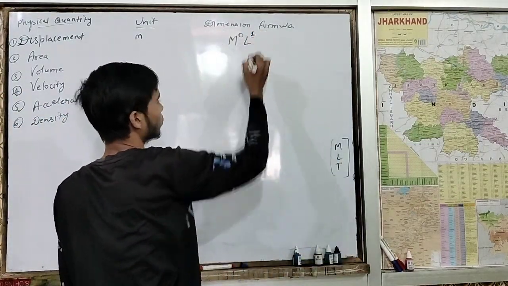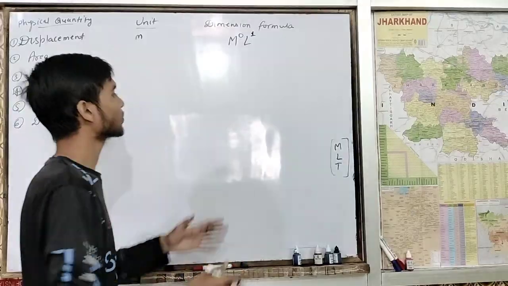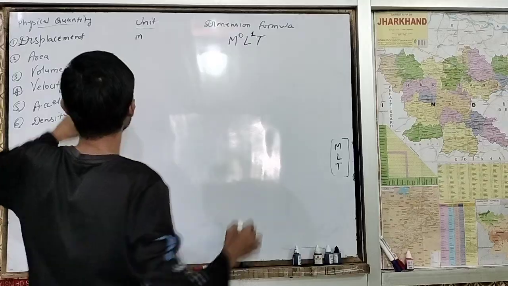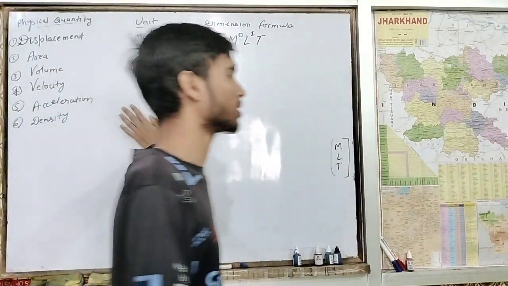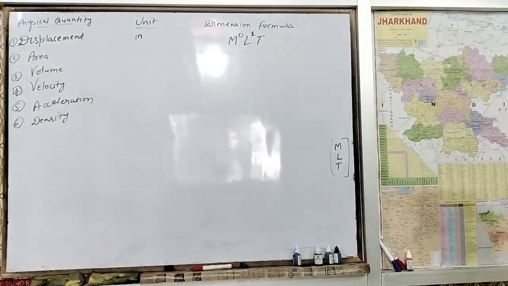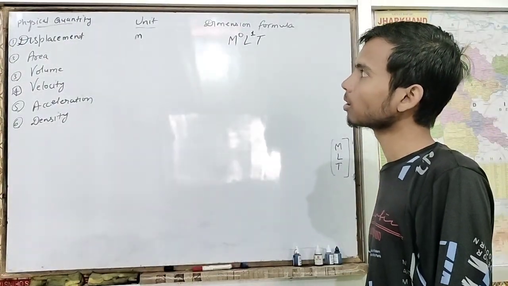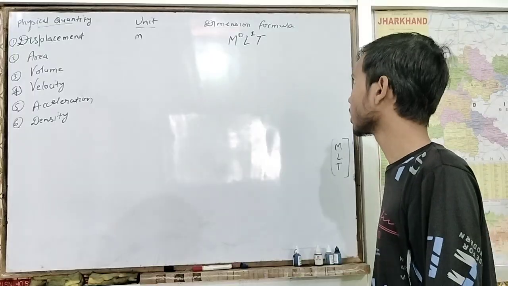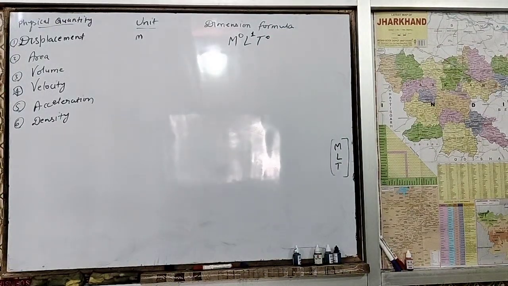Next we have T. There is no time for displacement, so here you will write 0. This is your complete dimensional formula for displacement.